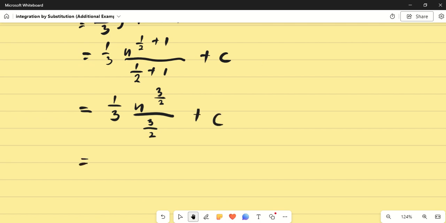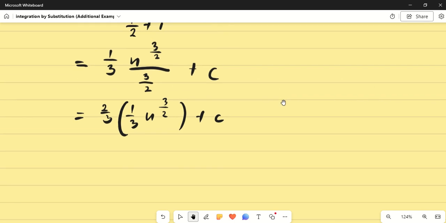Now, you can see 3 halves in our denominator. So to simplify it further, we'll be multiplying the reciprocal of your 3 halves to this expression. Okay, so we'll be having 2/3 times the quantity of 1/3 u raised to 3 halves. Then we will be adding the arbitrary constant c. 2/3 times 1/3 is equal to 2 all over 9.